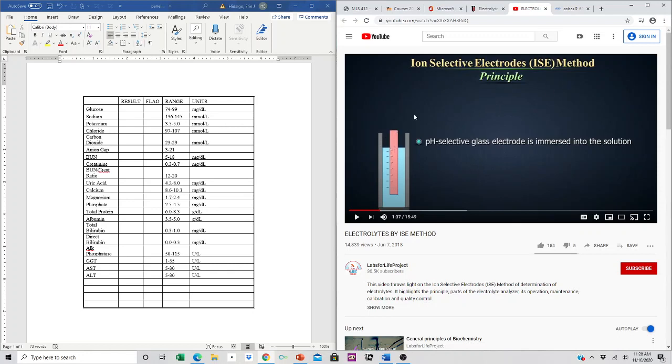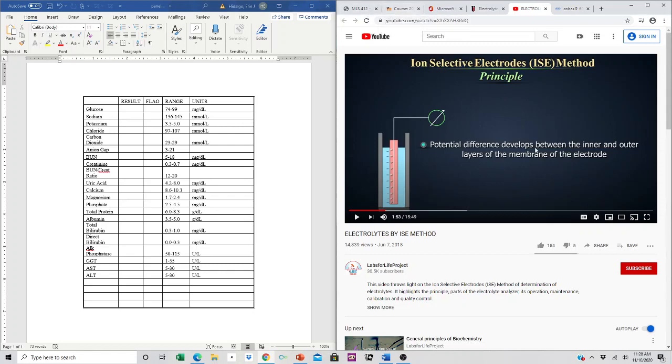It can be the ones we talk about here, sodium, potassium. The certain electrode will be specific for whichever electrolyte it's measuring. And it measures, as she says here, the potential difference, the electric difference, basically, between the inner and outer. So that's a good little summation of ISE.